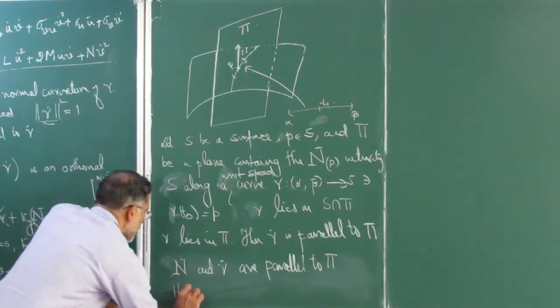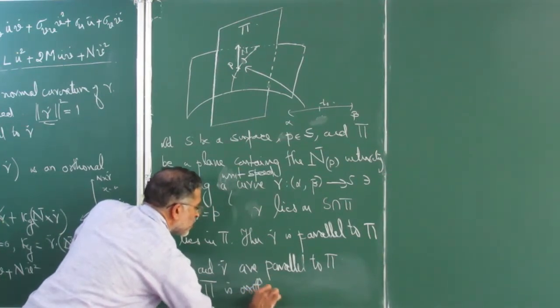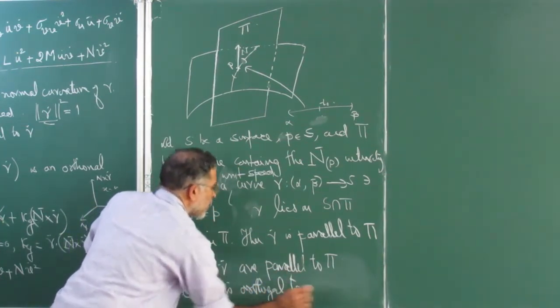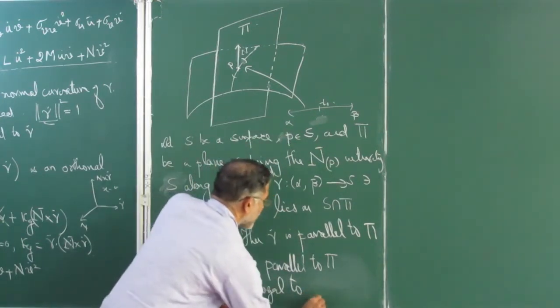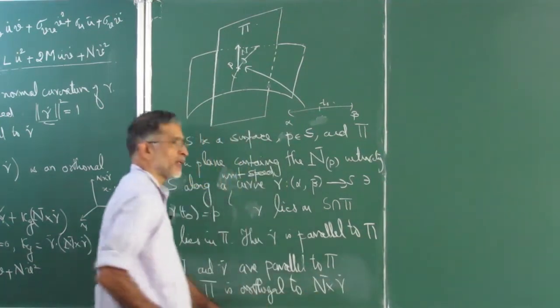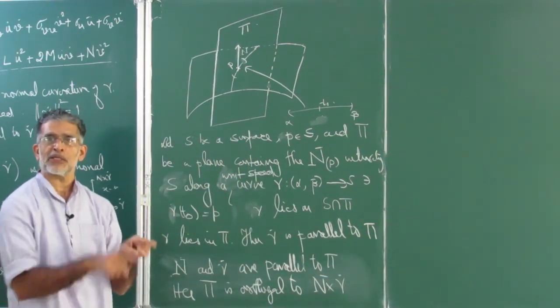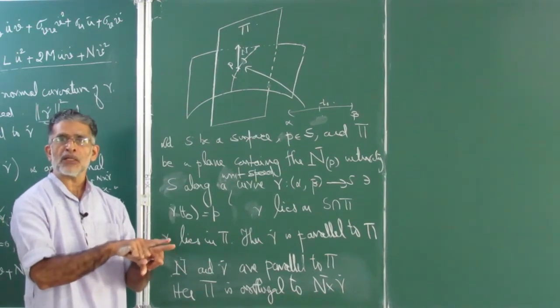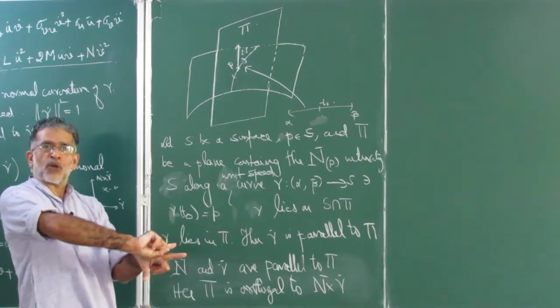Hence, pi is orthogonal to N cross gamma dot. So if you see, for all those normal curvature etc., what we require is gamma dot, N, and N cross gamma dot.